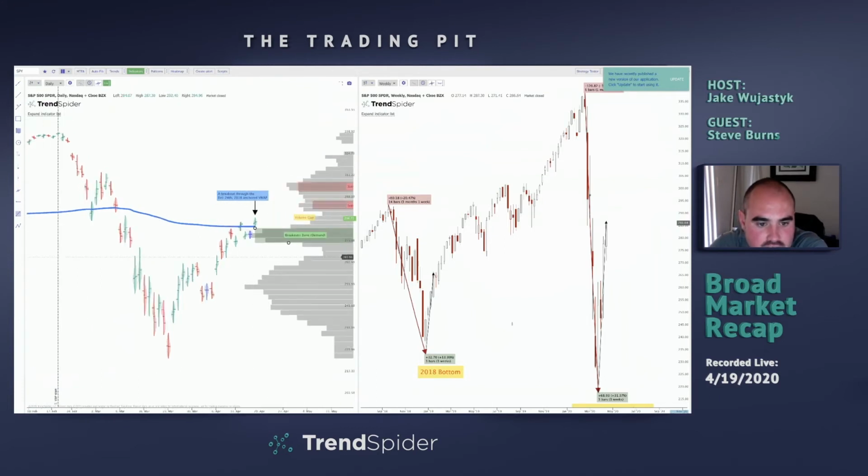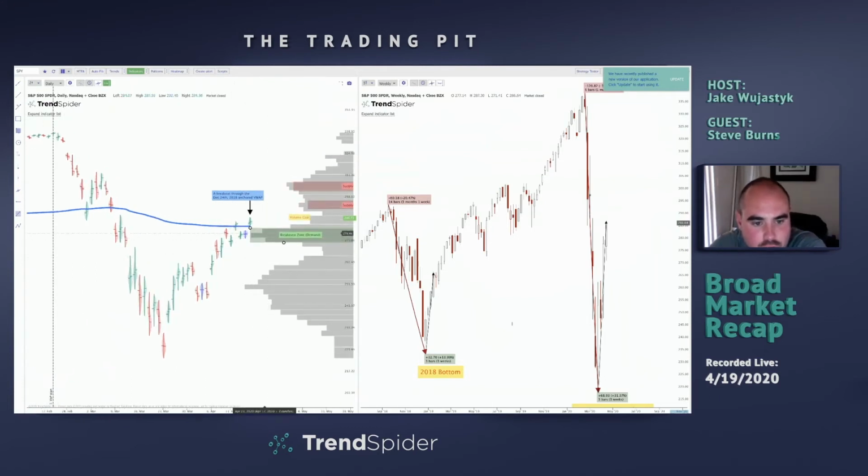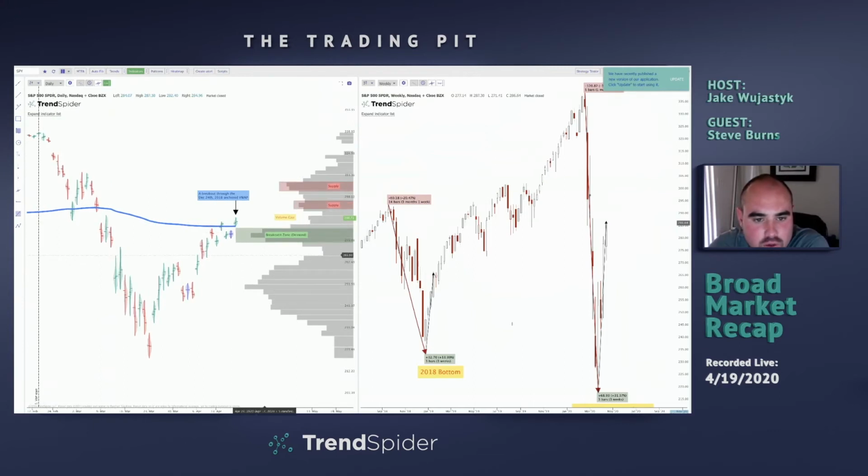You can see that the price really had some trouble breaking through it initially. But then as demand started to outpace supply at this area, you had the ability to break through that zone. Now we call this a demand zone because this is where buyers were able to outpace sellers and move the price up. So this is what we're calling the break-even or demand zone.